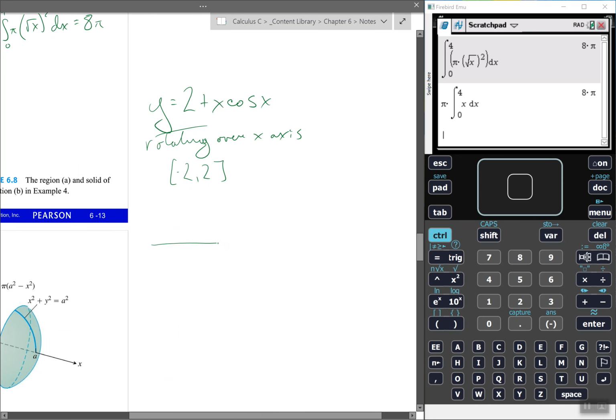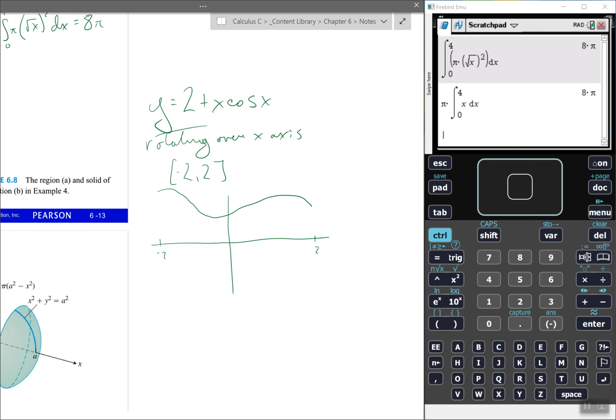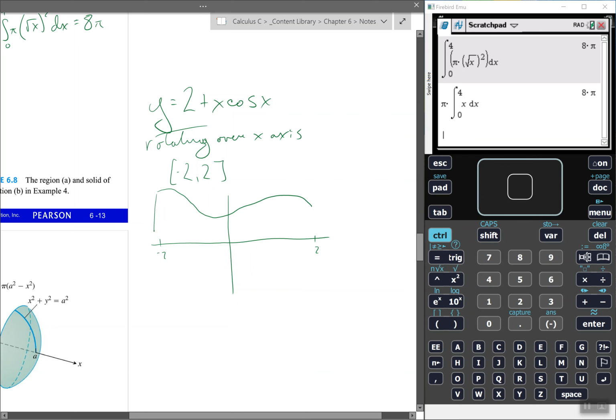So if we take our xy axis and we do 2 plus x cosine x, it's going to look something like this, from -2 to 2. And then when we rotate that, we'll get a solid that looks similar.